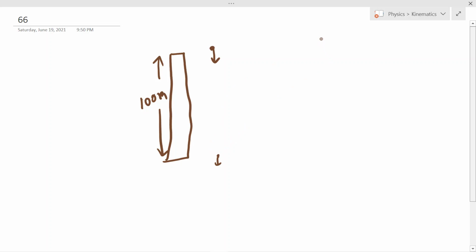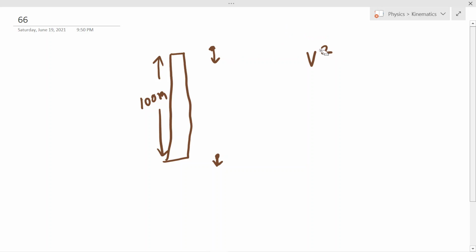Let's say it is dropped, not with a velocity, it is simply dropped, and then find its velocity at the bottom, that is at the ground. So we can use this formula v square.